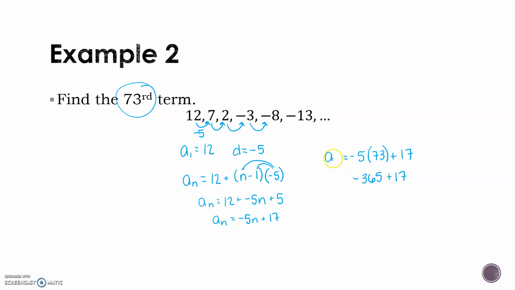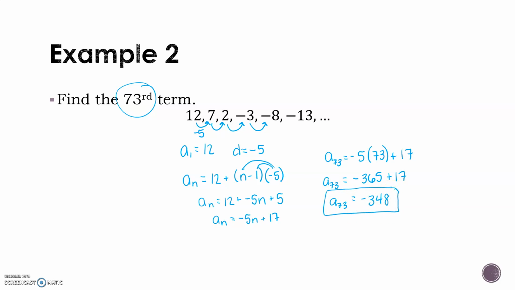Instead of saying a sub n, really I should be saying a sub 73 because I'm saying the value of the 73rd term. So the value of the 73rd term, a sub 73, equals negative 348. And that would be my answer.